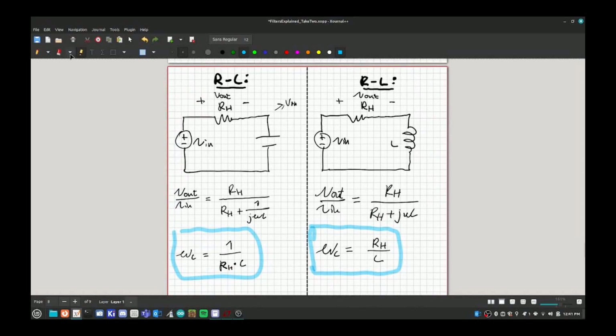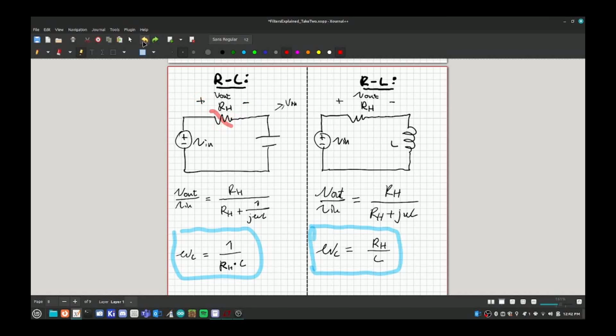It's important to think about the functions of these filters as well. So let's think about the RC filter here. At low frequencies, this capacitor does not pass any current, so it acts like an open circuit. And the voltage at this node at DC would be Vin, because no current flows this way, so this node is the same as this node. However, that means that there is no current passing through this resistor. And if there's no current passing through this resistor, this voltage here is 0.